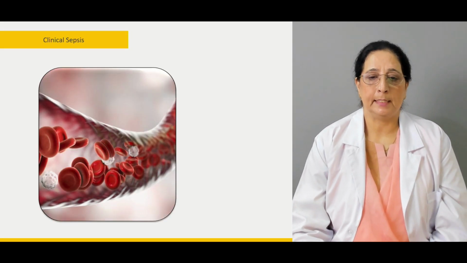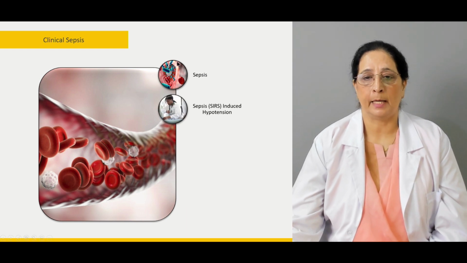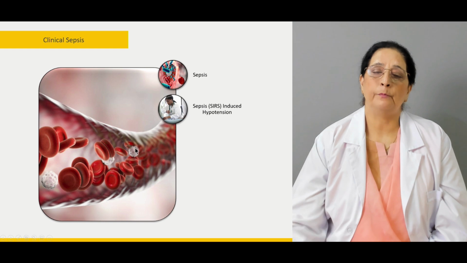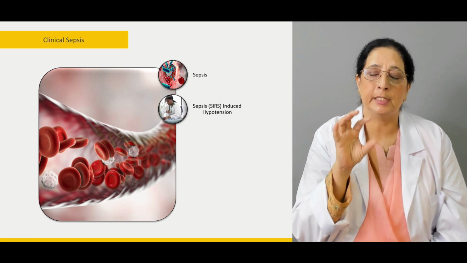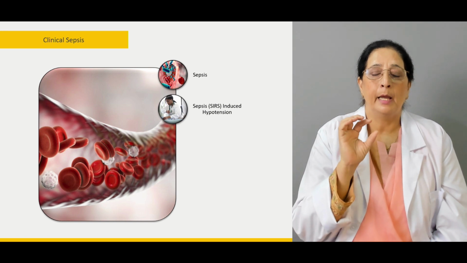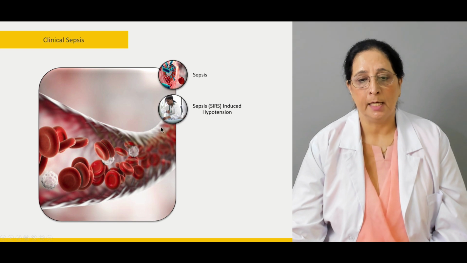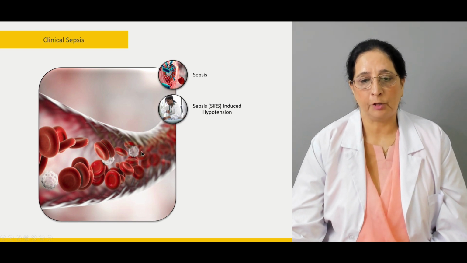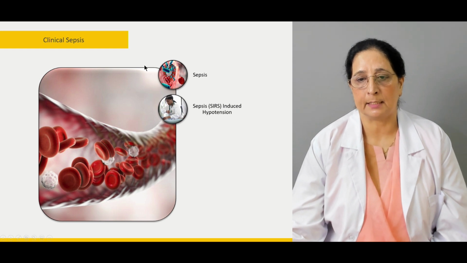Clinical sepsis. Sepsis, as I mentioned before, is when the infection reaches the blood vessel and the bloodstream. Here you can see in the vessel we have microorganisms present, and this is causing the sepsis.